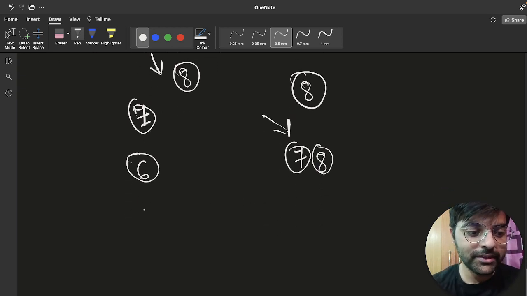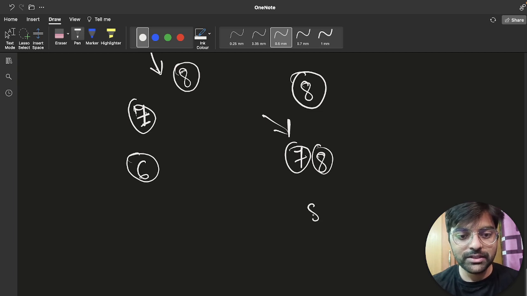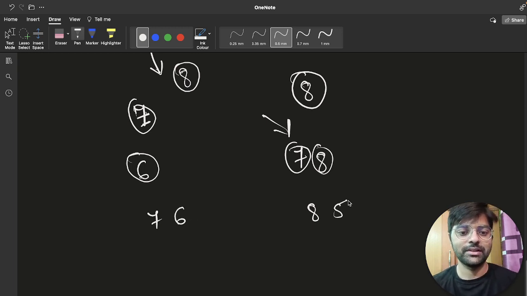So what will be the possible case? First Alex will throw 7, then Boris will throw 8, then he will throw 5. You have guessed it right. Then he will throw 6. Now these two get negated, right? Then his turn will come and, let's say he throws a smaller number, let's say 3.